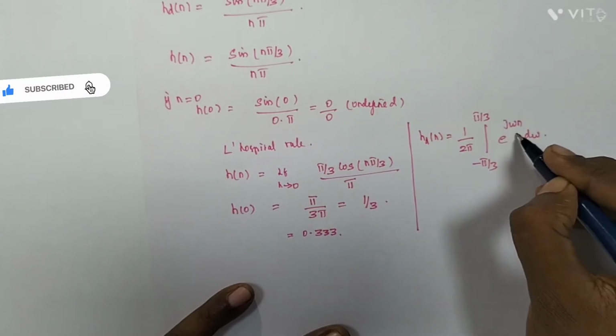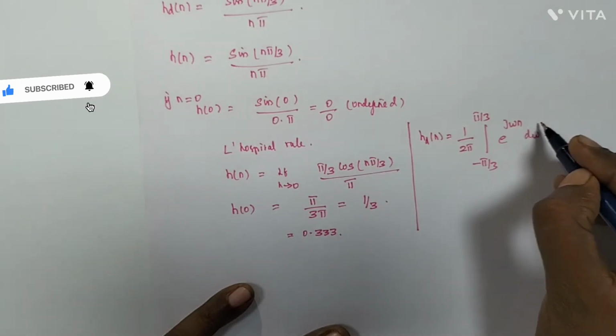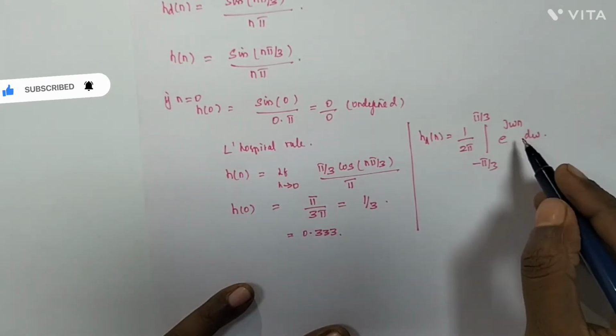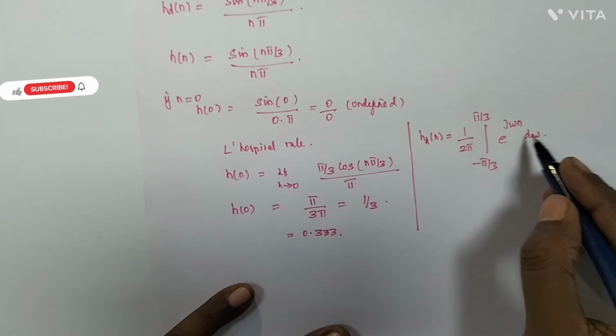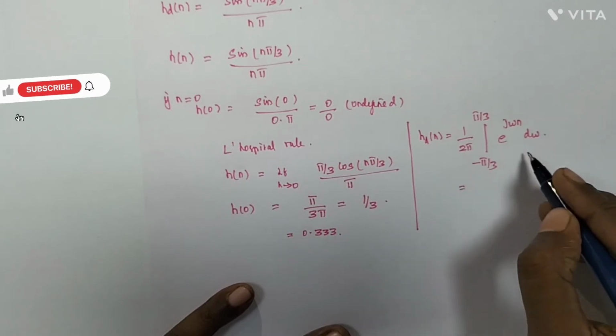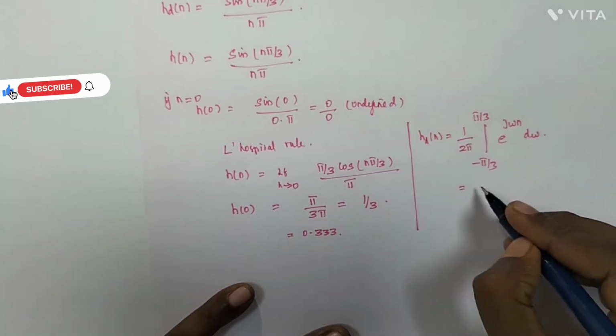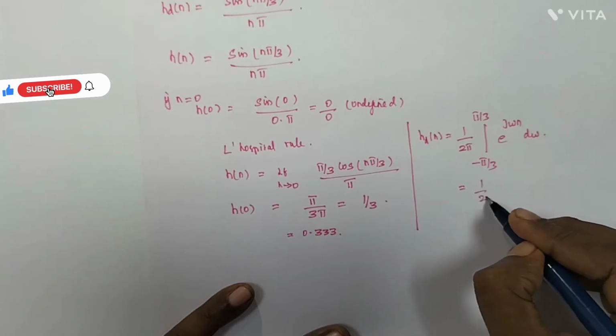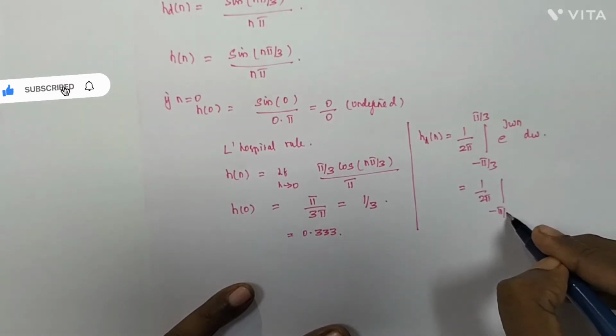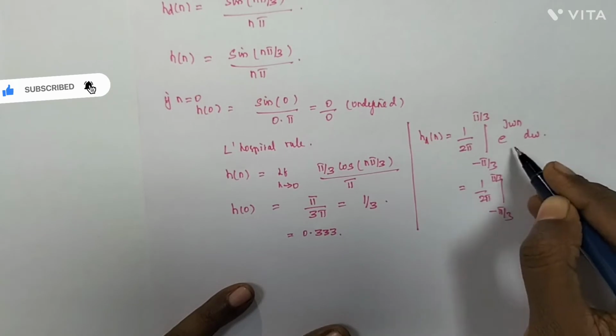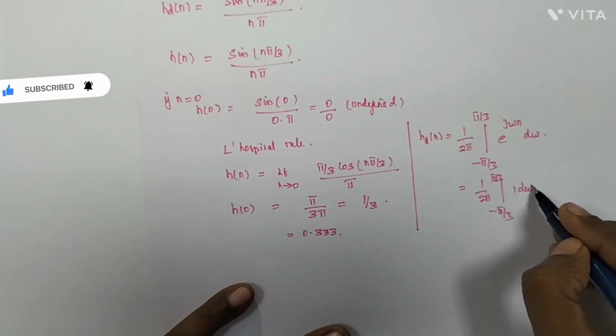So in that equation you can directly substitute n is equal to 0. That is e power 0 is equal to 1, d omega.